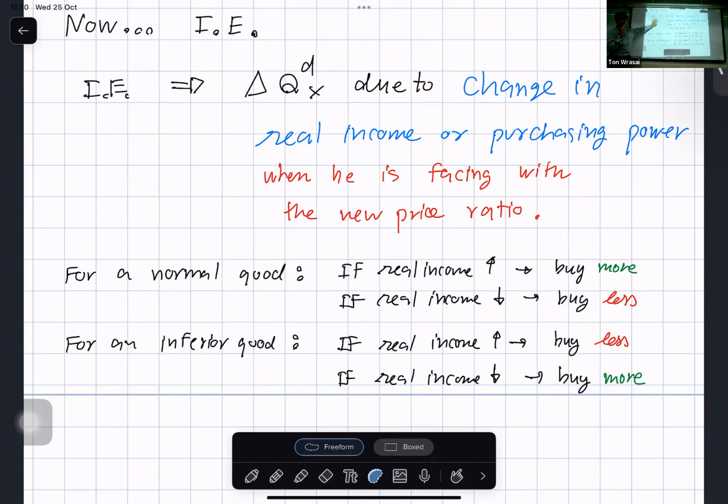So income effect: he changed his quantity purchased of Good X, pizza, because he feels poorer. An increase in the price of Good X reduces his real income.